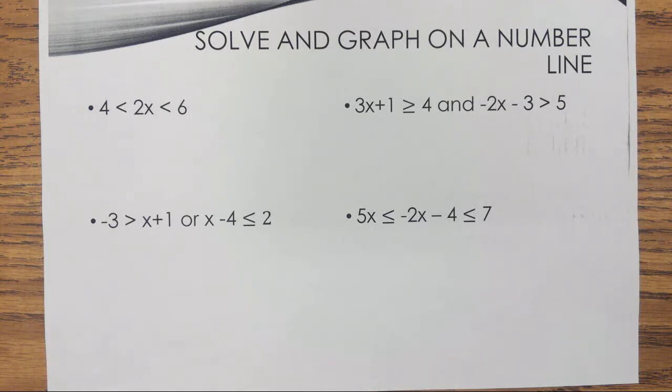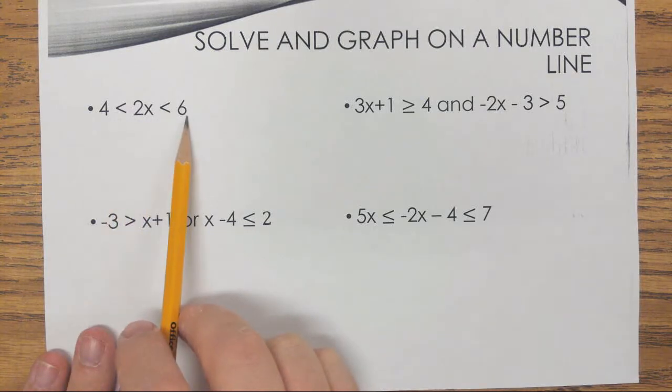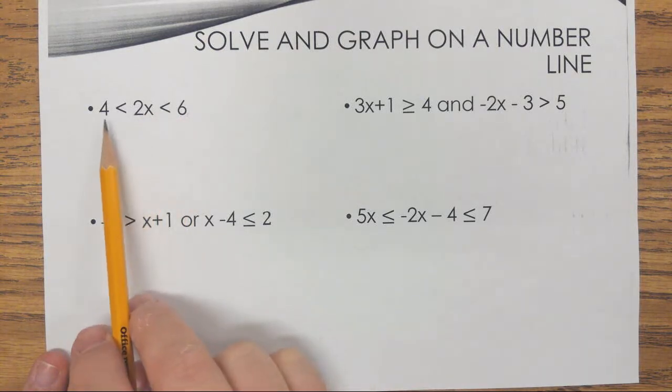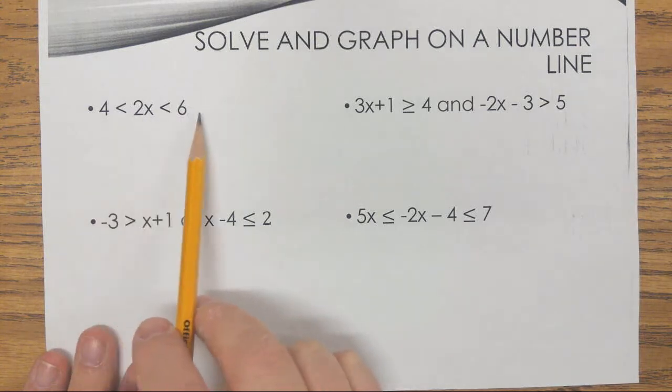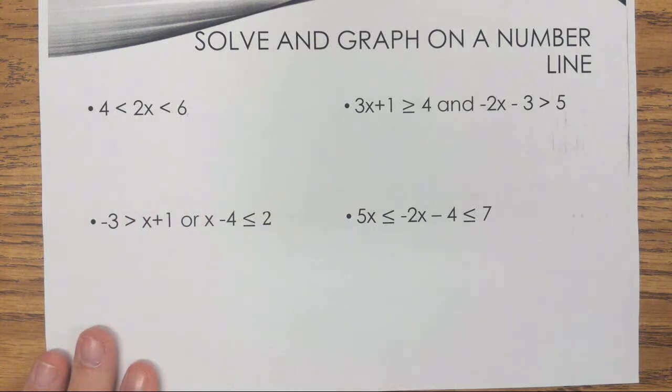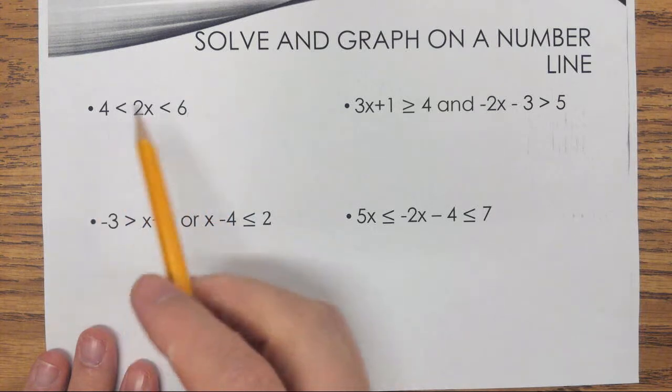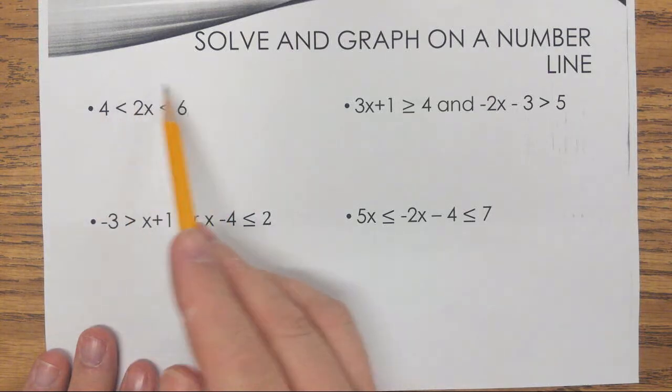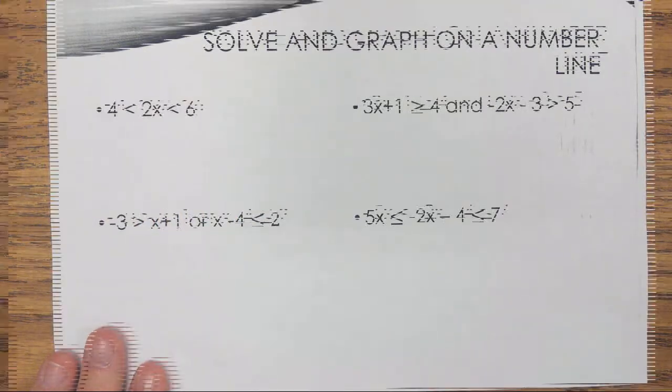When you see them like this, you want to think about them as 2 separate inequalities. We work them as 2 separate ones, but then we're going to combine them together at the end.